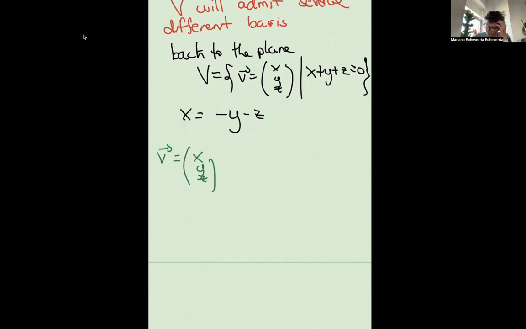Now if you have a vector inside of V, instead of replacing z, you can replace x. Is that making sense? So now every vector in this plane is being described in terms of y and z.